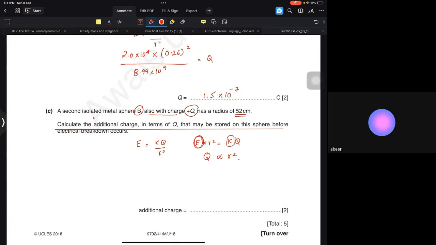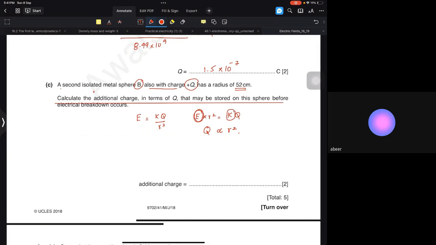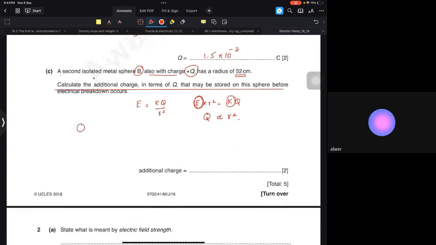Now, all you need to basically do is that you can write Q, for example, A will be equal to R A square, and then you can take the ratio like this. So the charge of sphere B is going to be RB whole square. This is how you can create a ratio of the quantities that are changing within some common values.